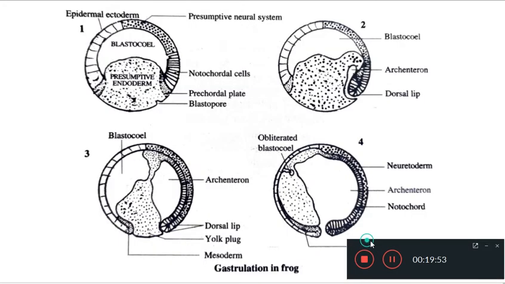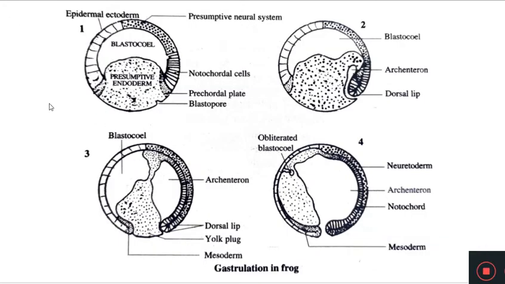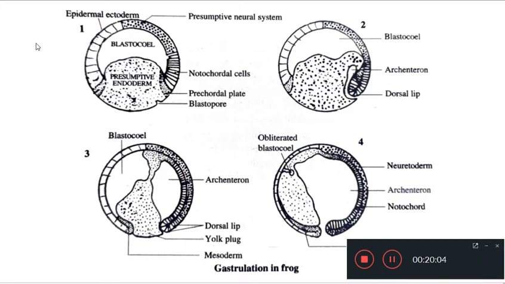Coming back to involution again, this is the prospective pharyngeal endoderm. That means the area just above the blastopore, as we saw from the fate map. It is this pharyngeal endoderm that first involutes over the dorsal lip of the blastopore.